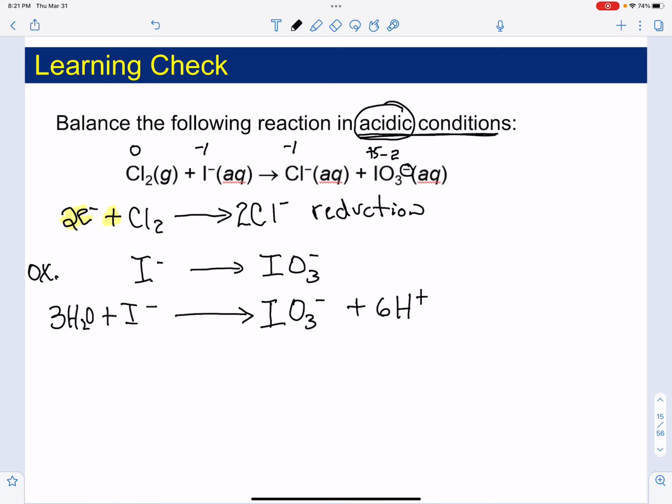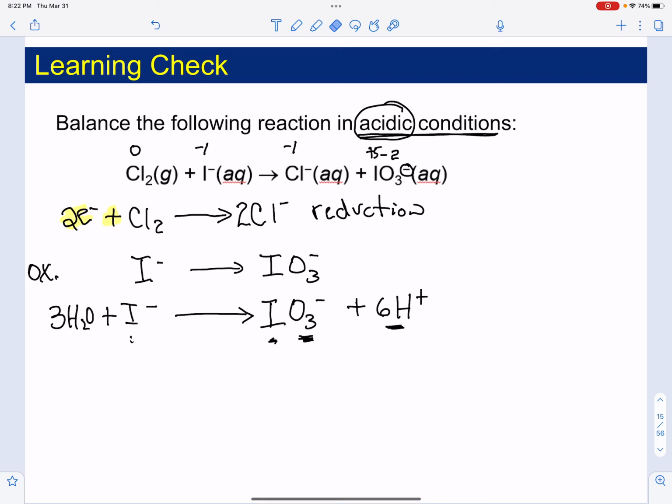So let's make sure that we have this right. We have 6 oxygen, 6 hydrogens, 3 oxygens, 3 oxygens, and 1 iodide, 1 iodide. So matter-wise, the number of atoms is balanced.